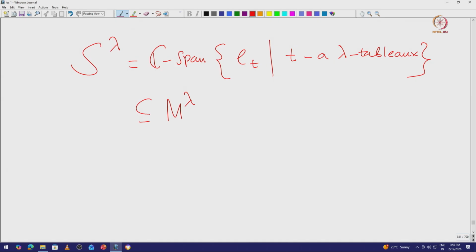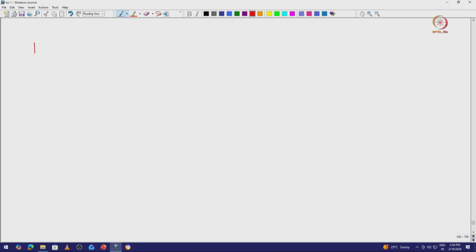First of all, we need to realize that we have an induced action of the symmetric group on this subspace. For that purpose, let us see how the symmetric group acts on E_t. Here is a lemma which tells the action.